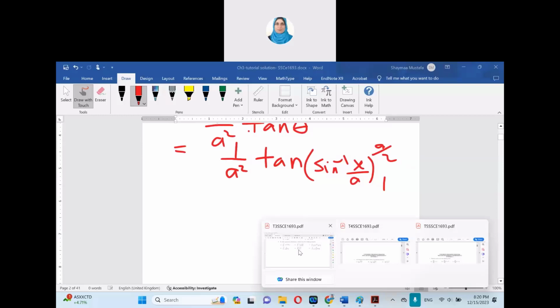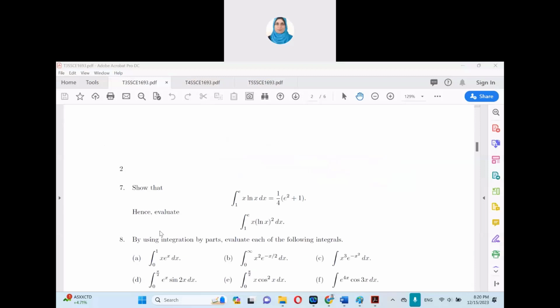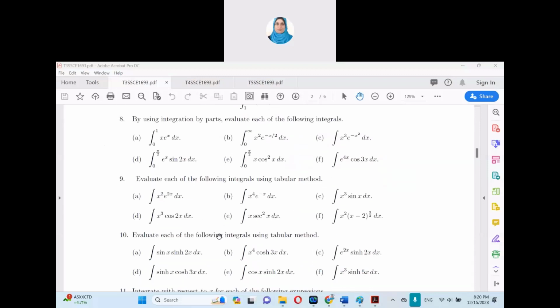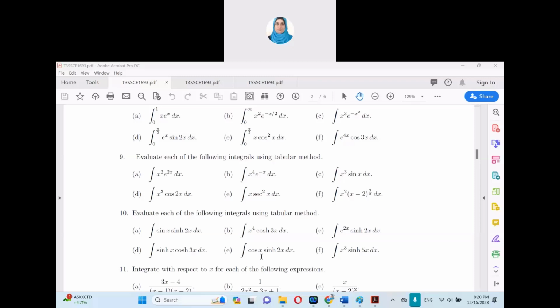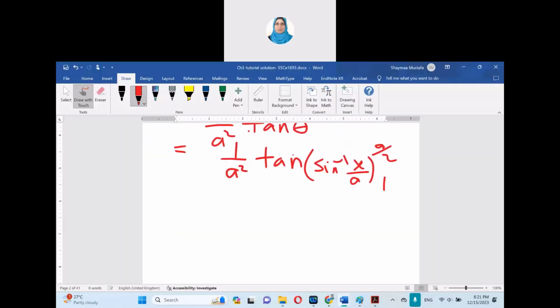Question 10C. This one: the integration of e to x, sinh 2x. How do you think we can solve this one?